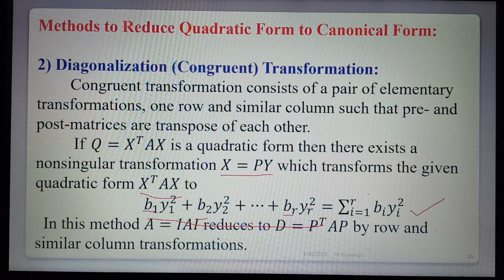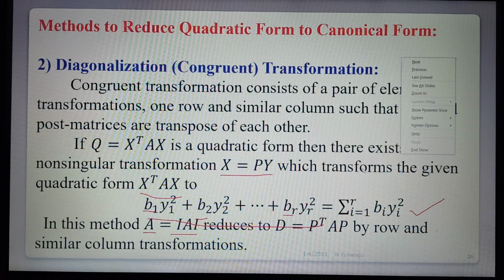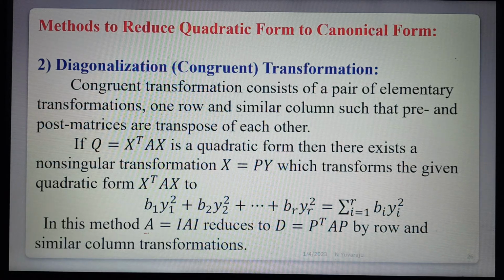In this method, we assume the given coefficient matrix A and write A is equal to I A I. Here the first I is the pre-multiplication matrix, and the last I is the post-multiplication matrix.